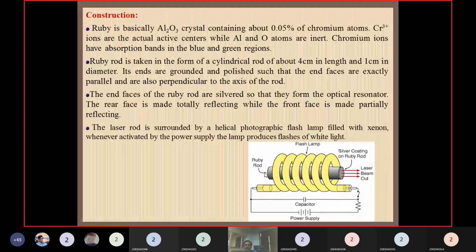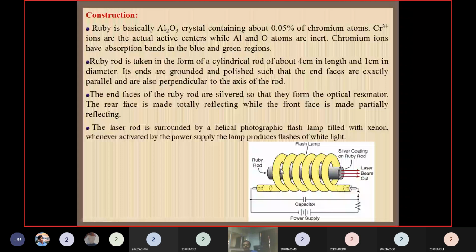The emitted red light triggers the electrons in the E2 energy state, and because of that triggering, all electrons come down to the ground state. While coming down, photons are generated.